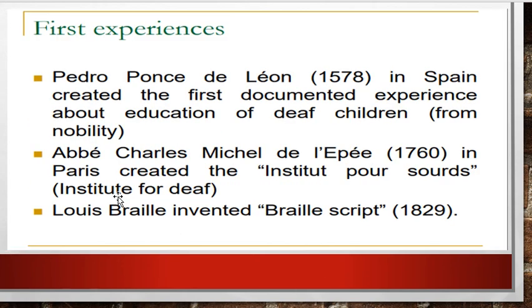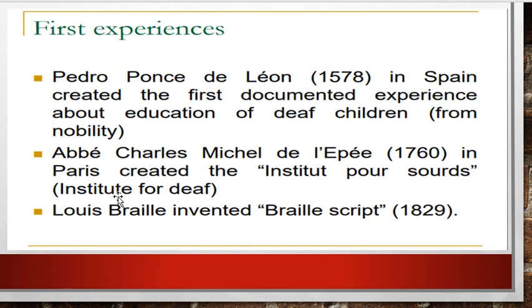So first experiences. Let's talk about Pedro Ponce de Leon, 1578 in Spain. He created the first documented experiences about education of deaf children from nobility. Abbé Charles Michel de l'Épée in Paris created the Institute for the Deaf, and the very famous Louis Braille invented the Braille script.